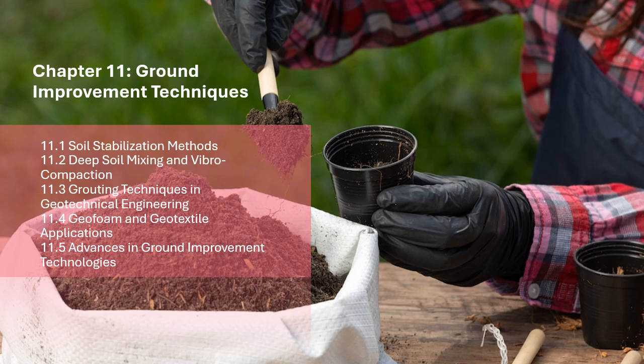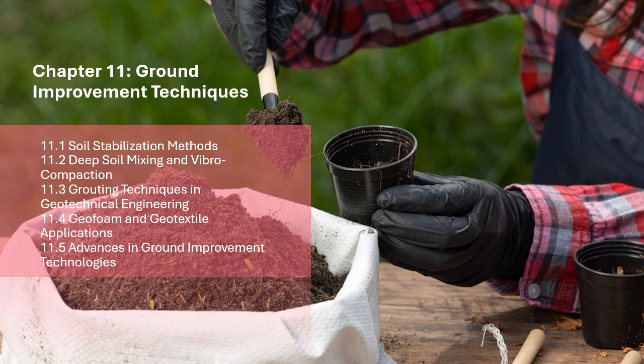2. Microbial-induced carbonate precipitation, MICP. MICP is a biotechnological process that uses bacteria to induce the precipitation of calcium carbonate in the soil, thereby improving its strength and stability.